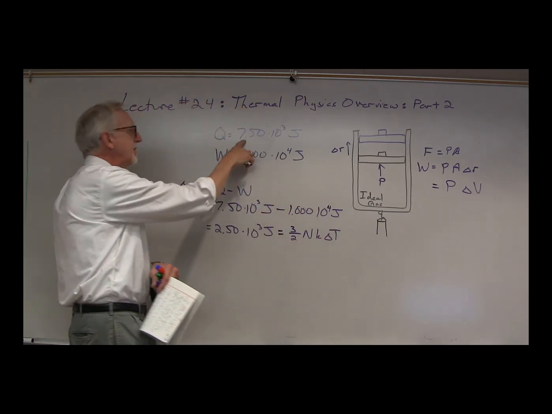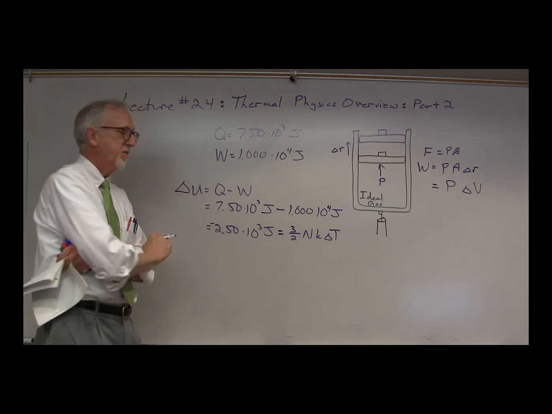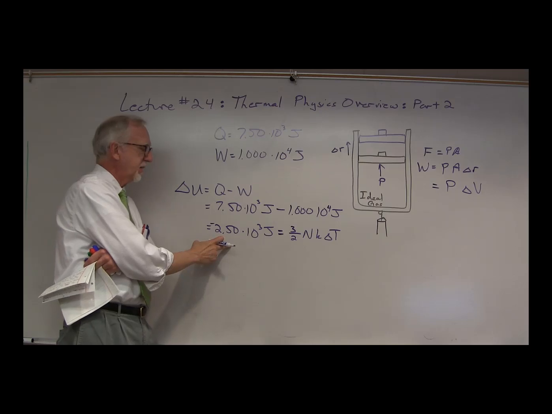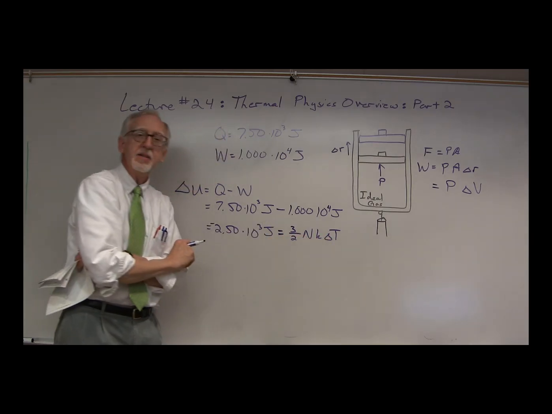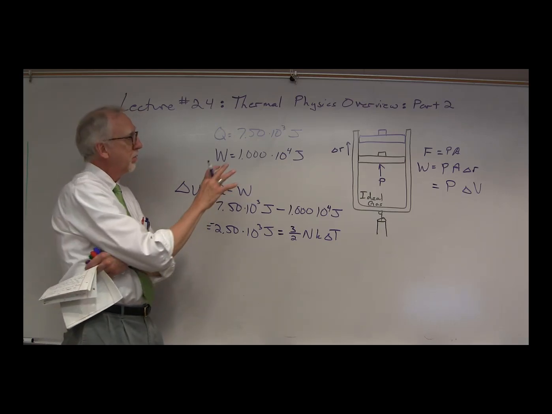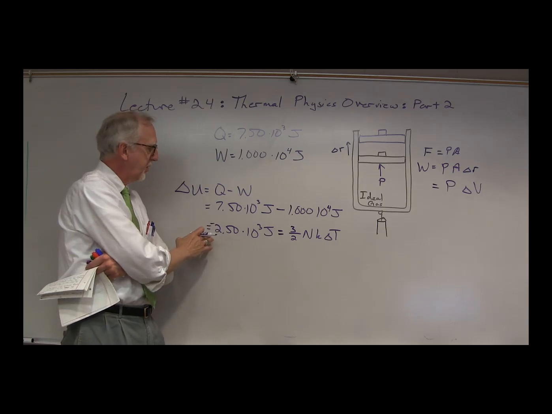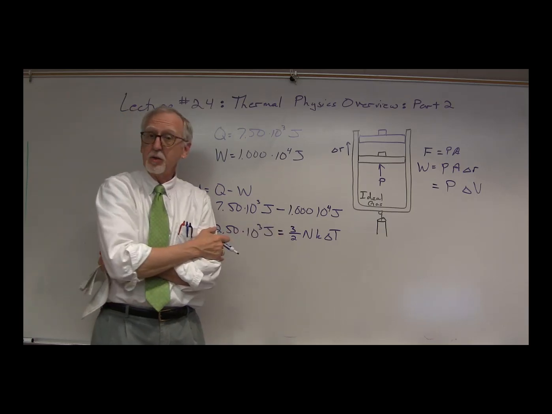Now the work done is larger than the heat added. We're going to get a negative delta U. A negative delta U will mean that delta T is negative. In other words, the gas is cooling down. So we end up with a positive delta U, the gas heats up. We end up with a negative delta U, the gas cools down.